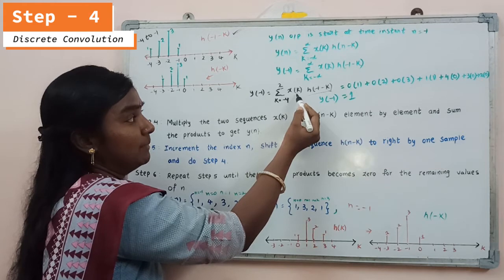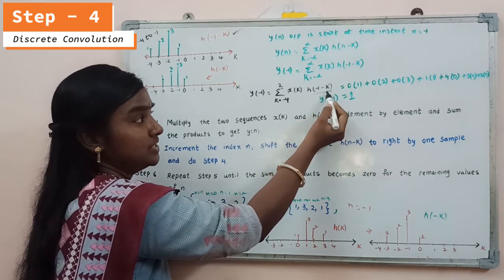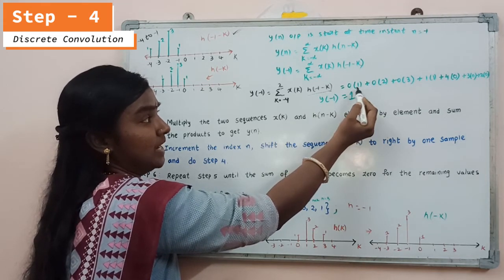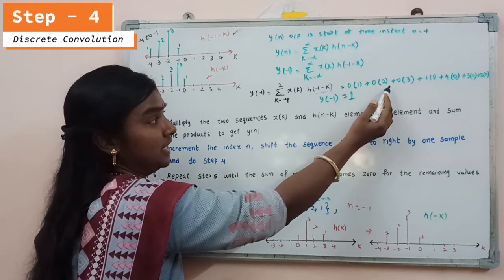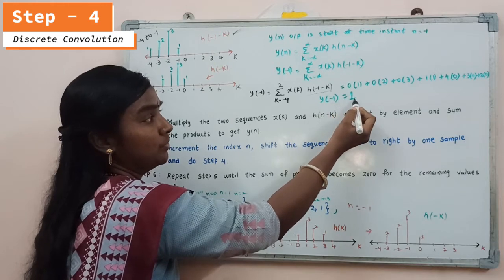By considering amplitudes regarding x of k and h of -1 minus k, the amplitudes will be like this, and by doing multiplication, after that finding addition of these products, the y of -1 will be equal to 1 here.